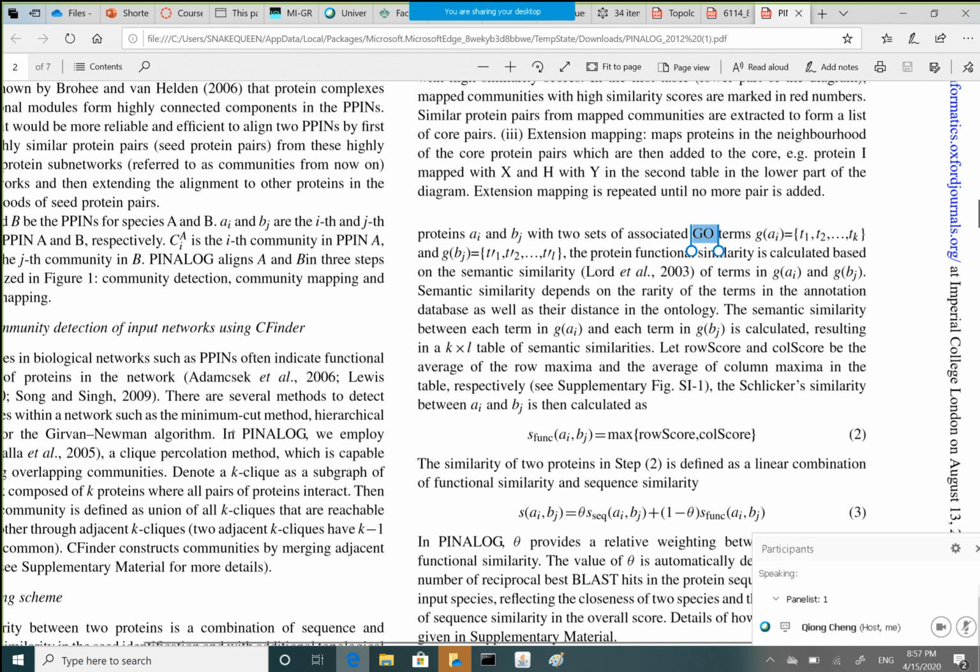Yes, here: the similarity depends on the variety of the terms in the annotation database as the distance in the ontology. This is the same as what we discussed here.